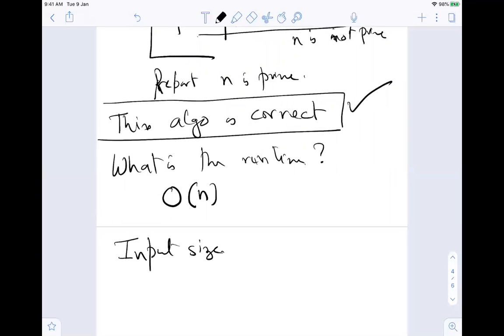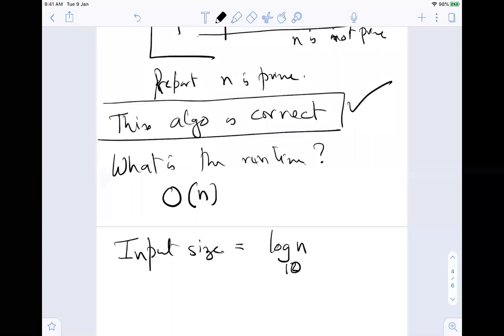If I have to give n as an input, the size of the input is the binary representation of it. It's log n, right? Maybe it is log to the base 10, I don't know, but it's a log to some constant base, whatever base you are writing it in.